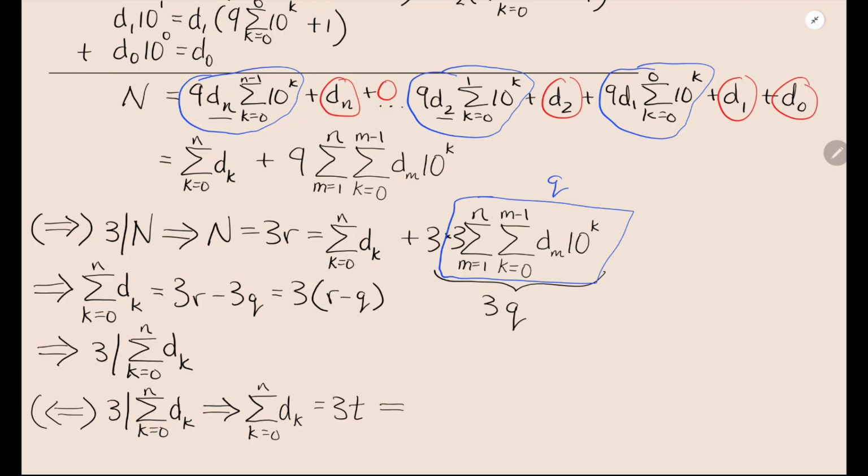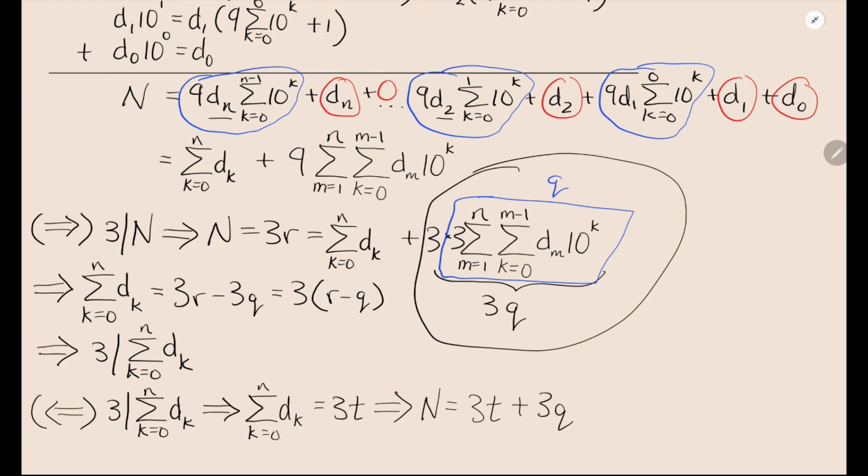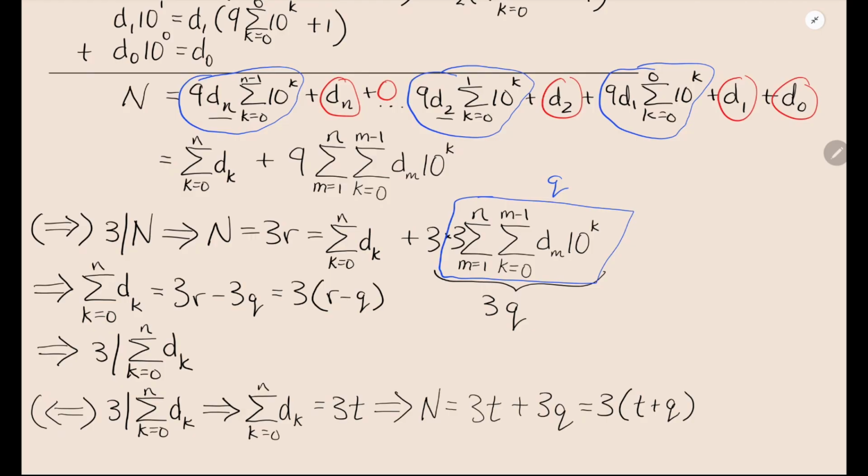And this implies that n, which is equal to the sum of the digits, which I call 3t, plus this whole term, which is going to be 3q, because this part is definitely divisible by 3. So 3t plus 3q is equal to 3 times t plus q. T plus q, two integers added together, gives you another integer.